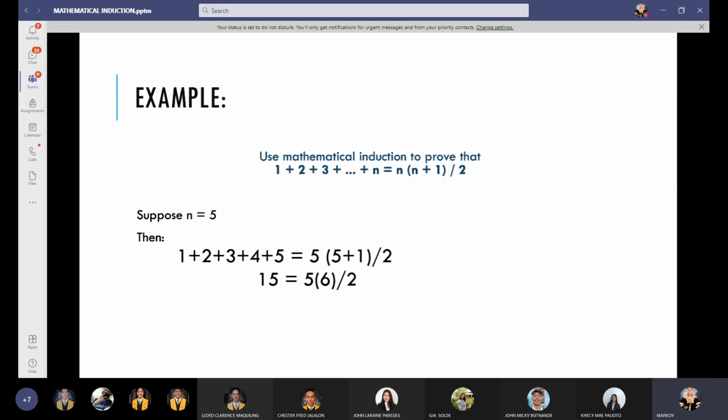Now on the right side, if we substitute the value of n with 5, 5 plus 1 is 6. If we multiply 5 times 6, that is 30, divided by 2, it will give us 15.